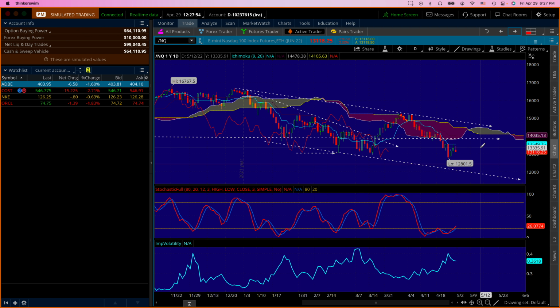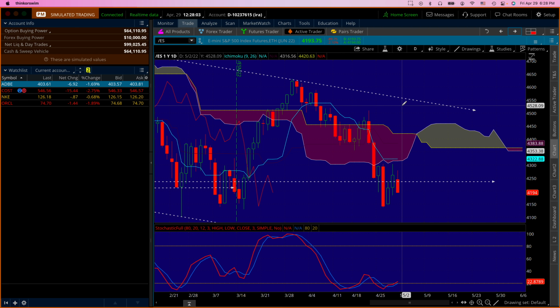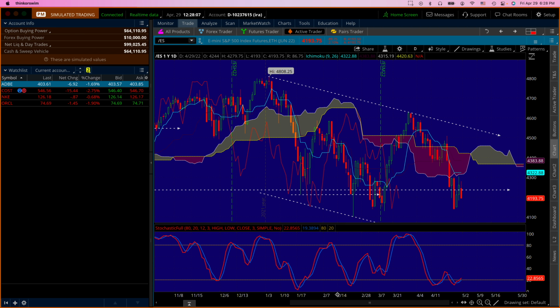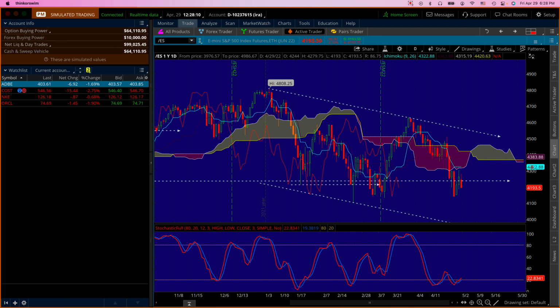I love to do my charts and all that, but in the end, it's anybody's guess what the markets would do. Nobody really knows. Here's the SPY, the S&P 500, and here I have the same design.